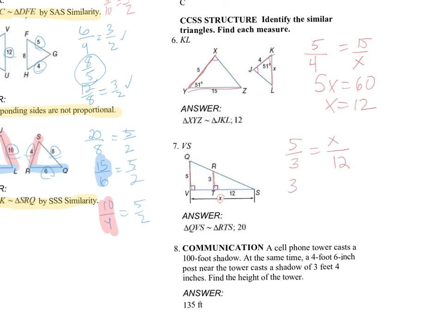And so when we cross multiply, we're going to get that X is equal to 20.